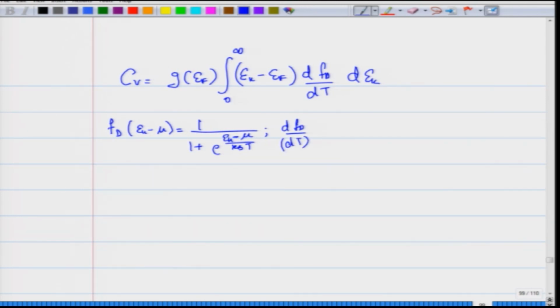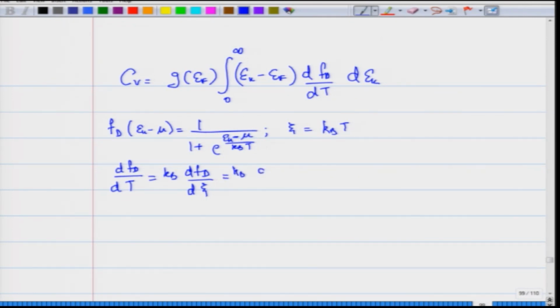Here before we continue further, let us make a substitution that you have a quantity, let us call it zeta, which is equal to kBT. Then dFd by dT is kB into dFd by d zeta. This is nothing else but kBT, so I have to multiply it by kB.